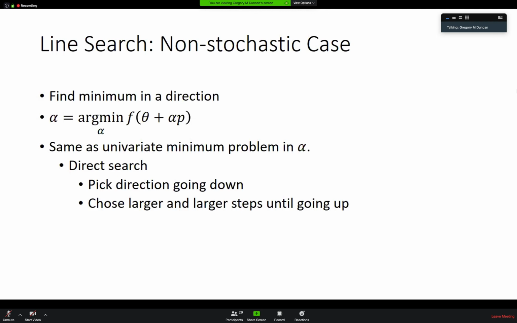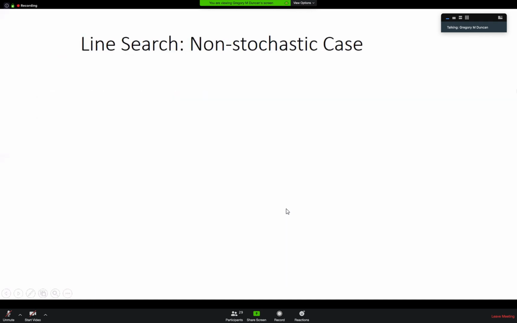and oftentimes, instead of solving a problem by taking a derivative, you'll take steps. So you'll go 1 step, 2 steps, 3 steps, and you keep doing it until you go up.